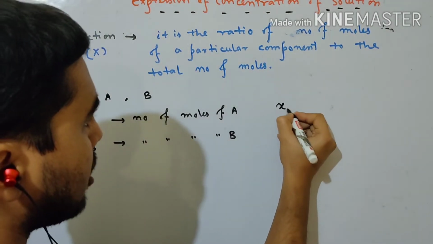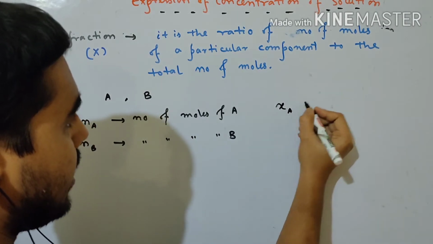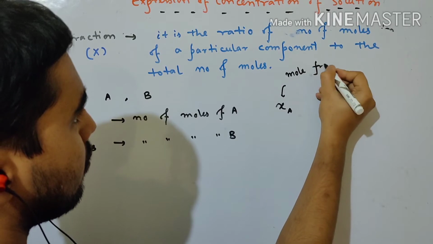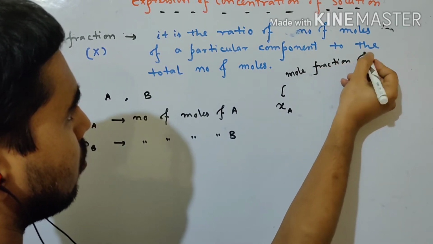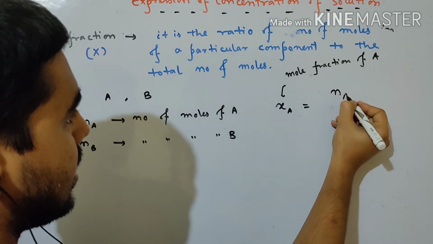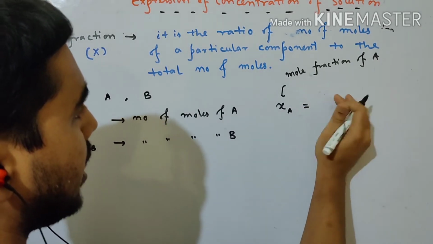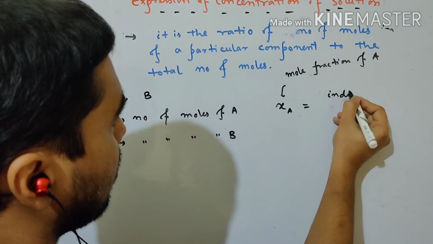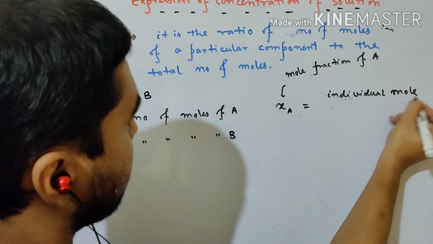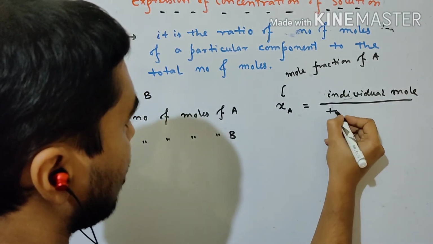So mole fraction of A, which is Xa, remember this is the mole fraction of A, should be expressed as individual mole by total mole.